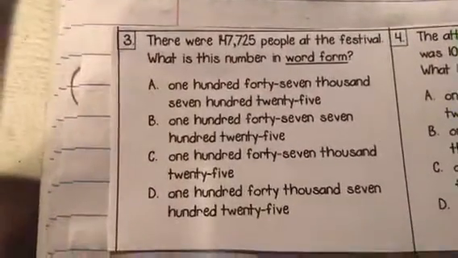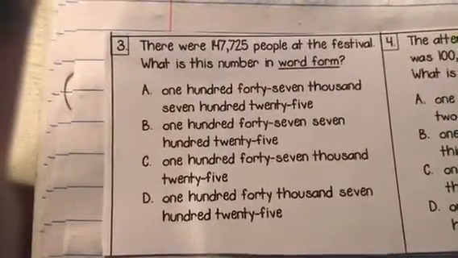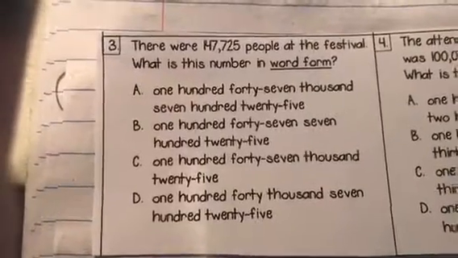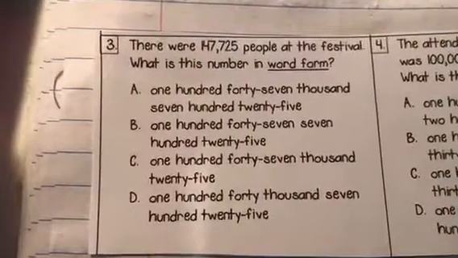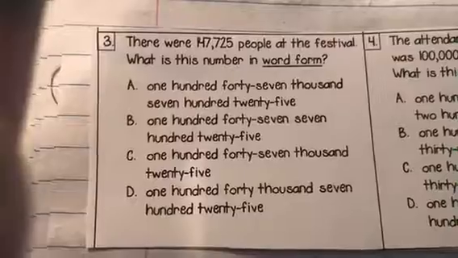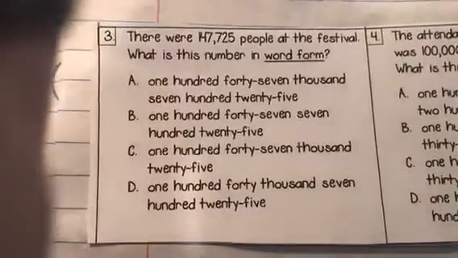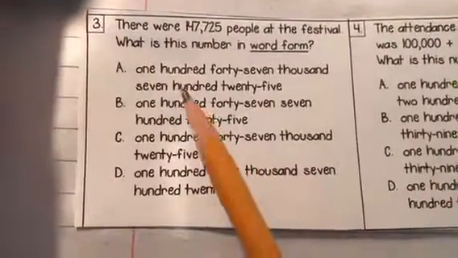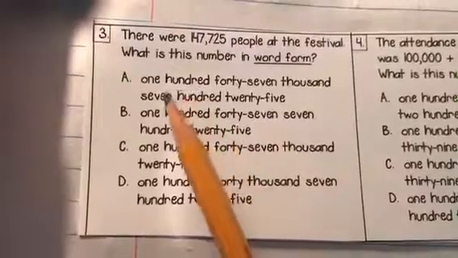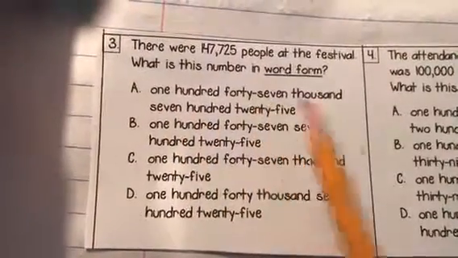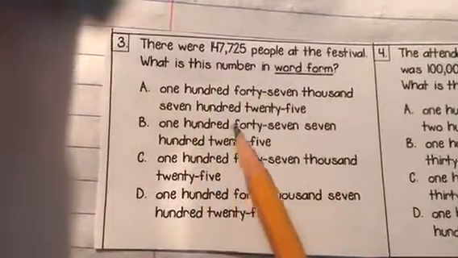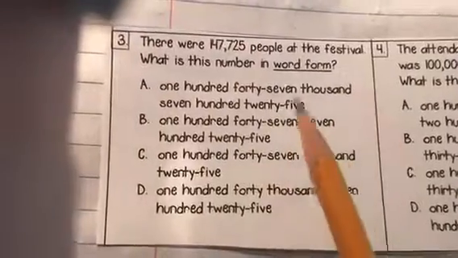Next one down here, there are 147,725 people at the festival. What is the number in word form? So you're just going to need to go through each one of these and make sure they're correct. 147,725. That one looks right to me.